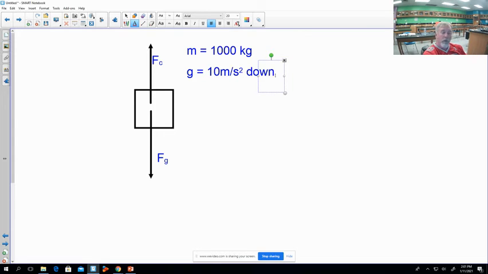And what if this problem further told us one more piece of information? What if this problem told us that our acceleration was negative 2 meters per second squared?